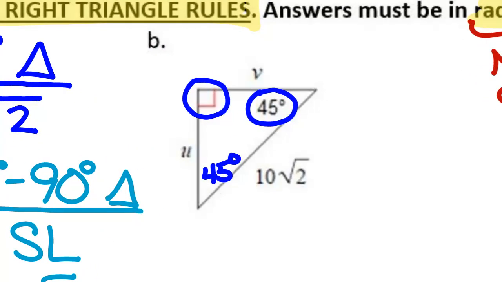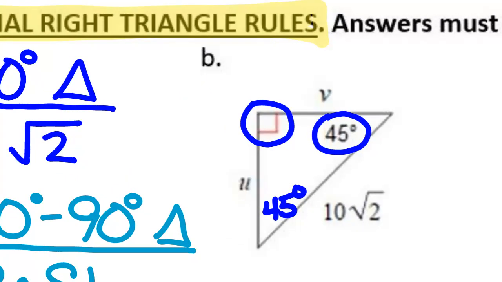Is the hypotenuse ever the same as another side? No. The hypotenuse always has to be the biggest, and it will never be the same size as another side of the triangle. So which 2 sides would have to be the same then? U and V have to be the same.